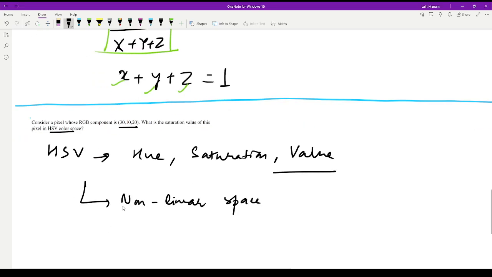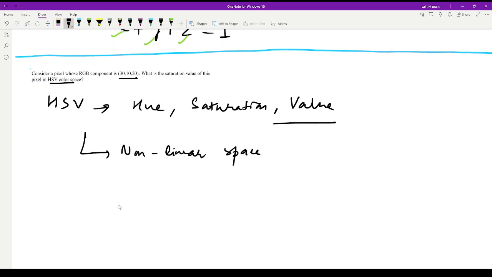Okay. Why is it a non-linear space? I'll give you one mathematical reasoning of it. Simply speaking, if you have three different primary colors and you add them, it won't exactly be the value that will be represented in the HSV color space. So that's a non-linear space.